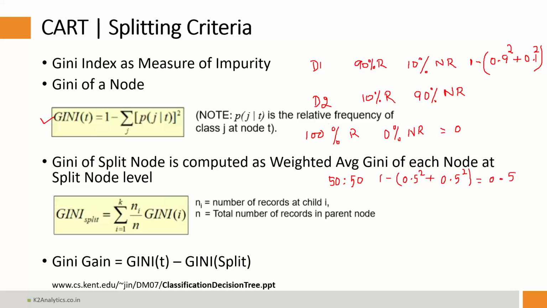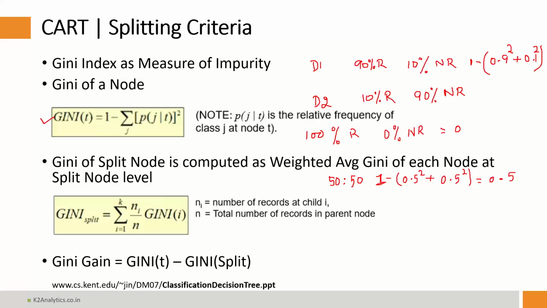The formula can be extended from a 2-class to 3-class to 4-class. The formula remains the same: 1 minus the proportion of each class squared. So you just keep seeing what the proportion is, square them, do the summation, subtract it from 1, and that becomes the Gini. So first we have understood the Gini, and we have also seen that when the data is 100% pure, when all records belong to only one segment, the value of Gini is 0, which means no impurity.